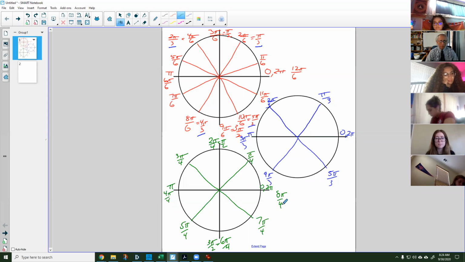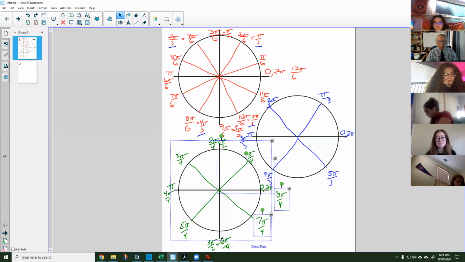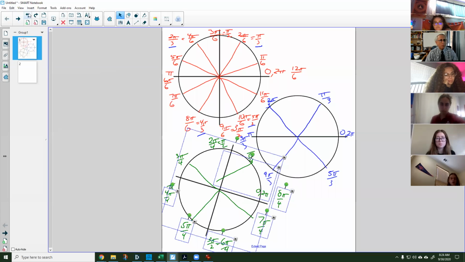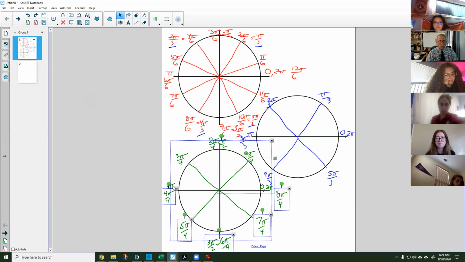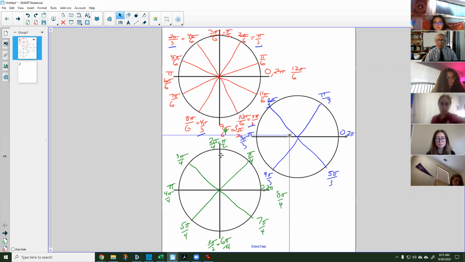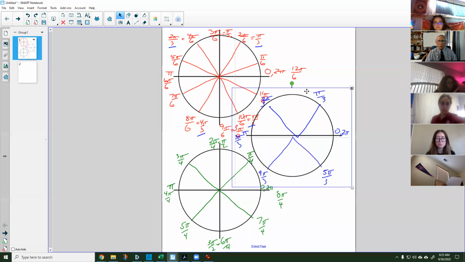Okay. So here's why I'm showing you this. Let's see if I can make this into one circle here. Come on. Whoops. Oh, take that one back. Come on. Okay, we'll just leave it there. Control G. Okay. Now let's see if it works. I'm going to take this pi over 3 one.